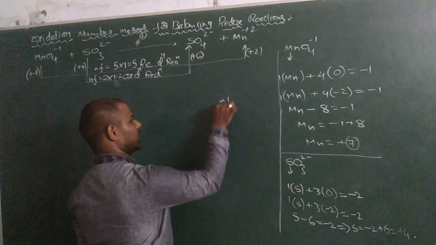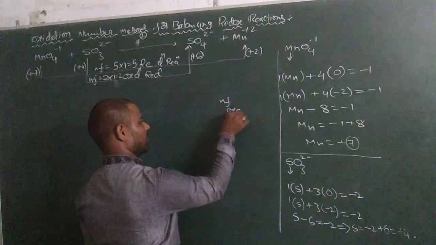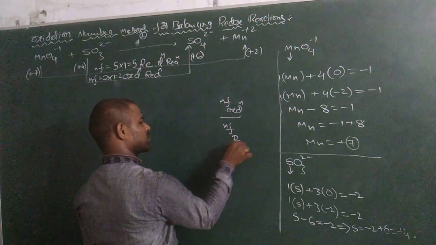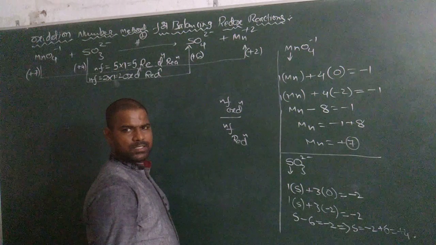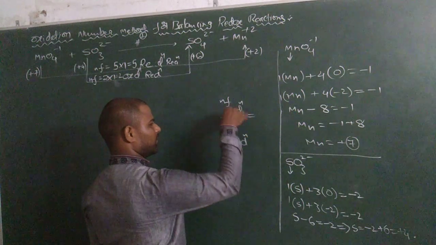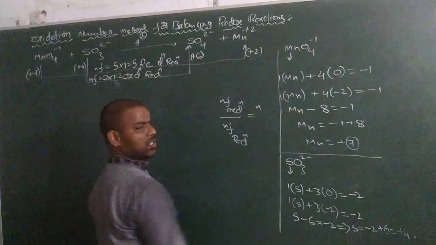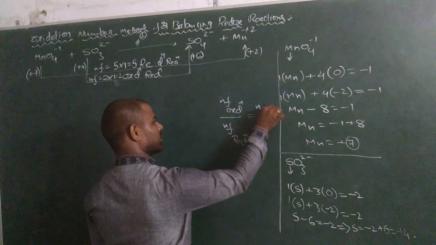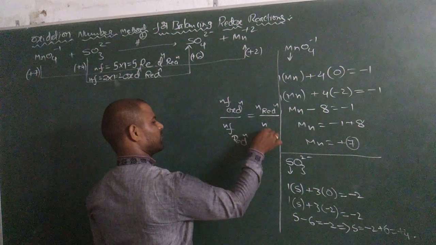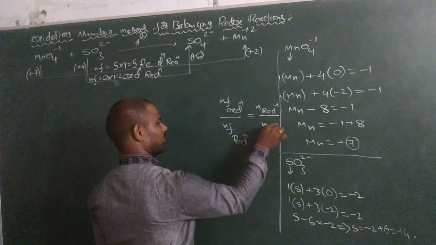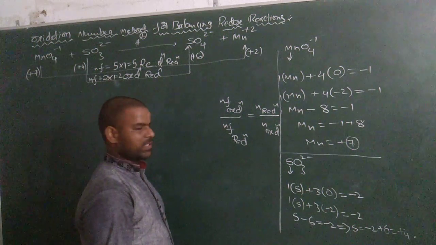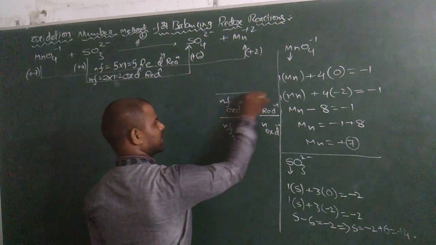So we take the n factor of the oxidation reaction with the n factor of the reduction reaction. The reciprocals of n factors are nothing but molar coefficients, so n of reduction by n of oxidation. Here n stands for the molar coefficients, the n factors we just calculated.